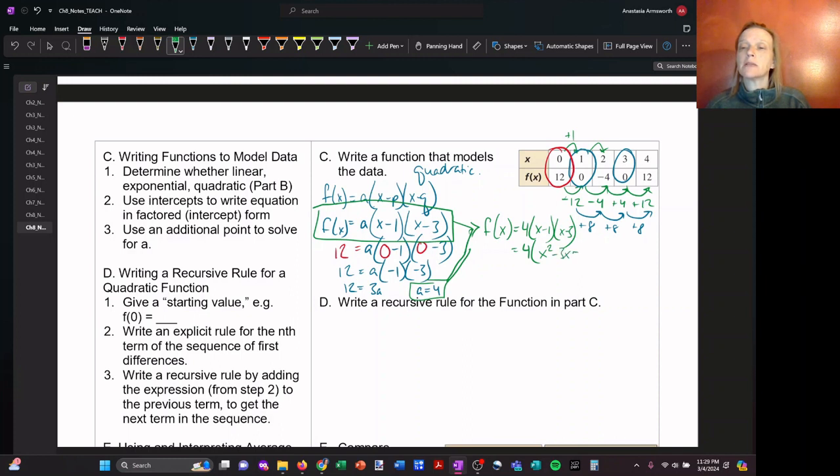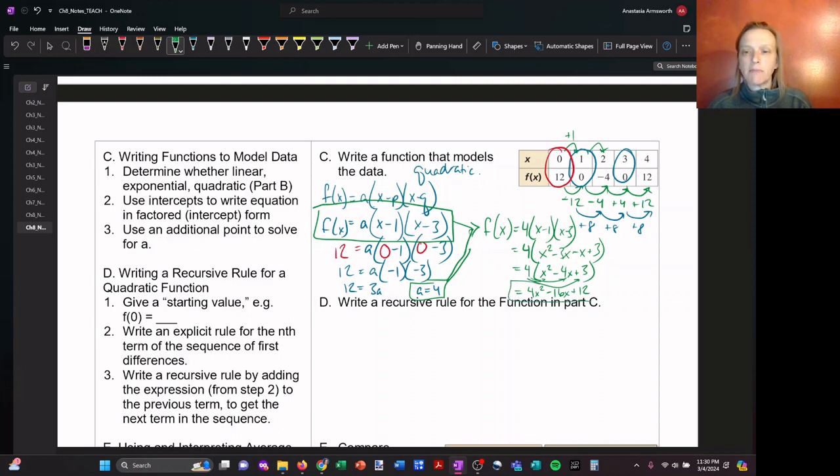Negative 1 times x is negative x. And negative 1 times negative 3 is positive 3. So when I combine the like terms, I'll have x squared minus 4x plus 3. And now if I just distribute that 4 onto each term inside parentheses, I end up with 4x squared minus 16x plus 12.